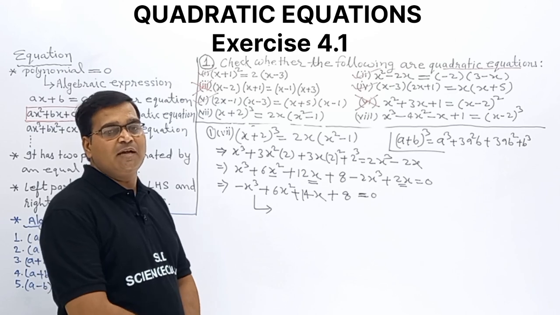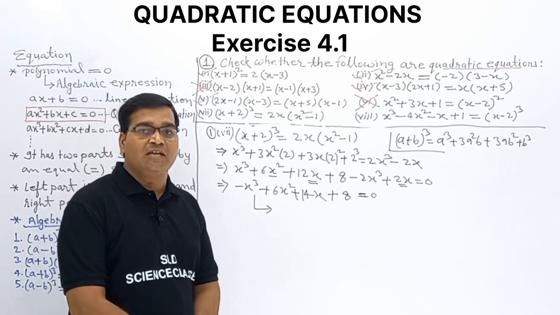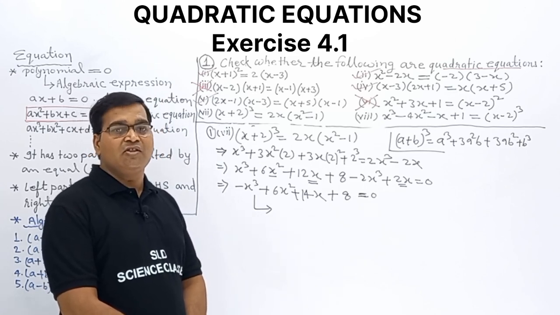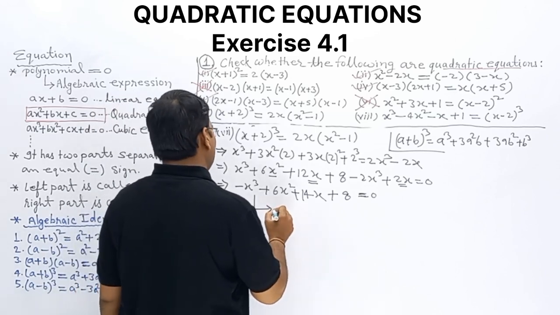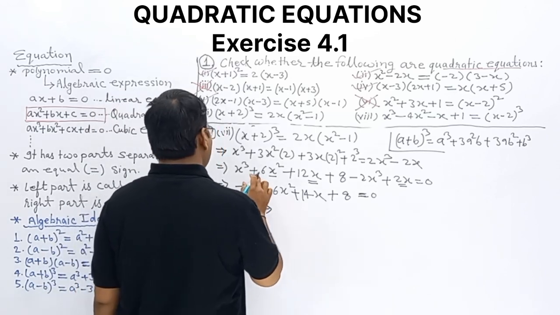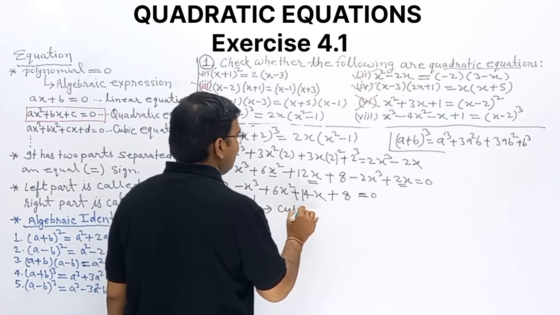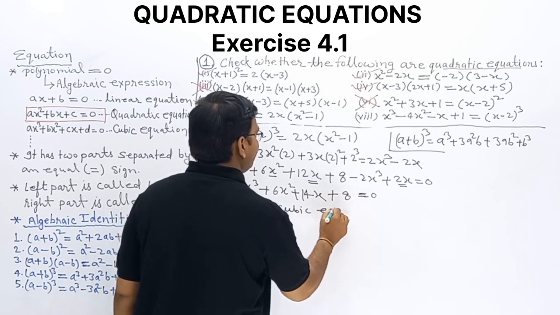The highest power of a variable is called the degree. So this polynomial has degree 3. So how is it possible for it to be quadratic? Degree 3 means it will be cubic. So we can say it is a cubic polynomial. This is the cubic equation.